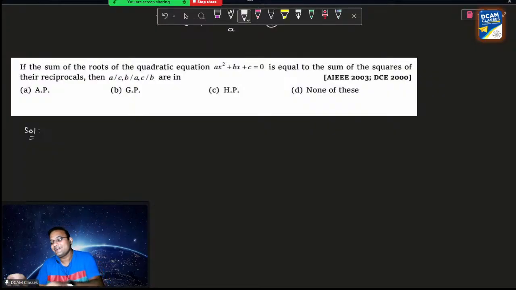No, no, Shyama. It's the reciprocal of arithmetic progression. t square is equal to AB.